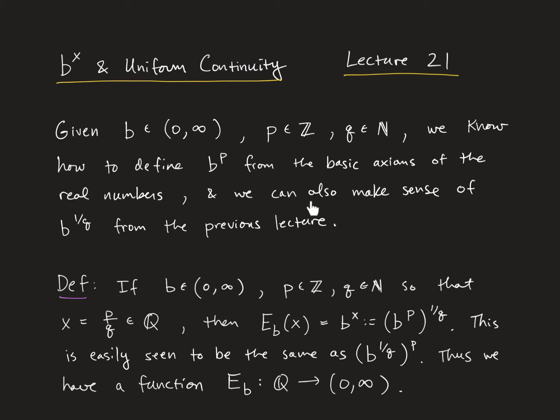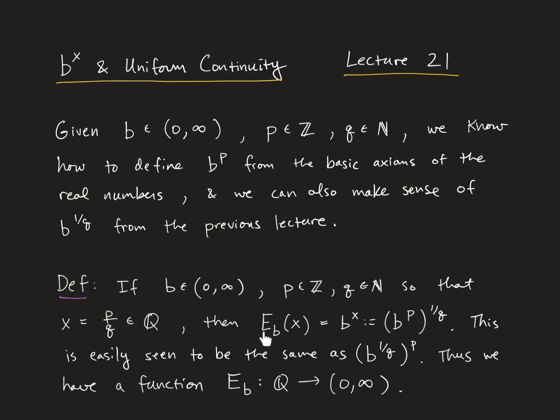And then from the last lecture, we can also make sense of the qth root of b. So with these two things, that allows us to define an exponential function for any rational exponent. If we take our p and q and form the rational number x, which is p over q, then we can talk about b to the x.